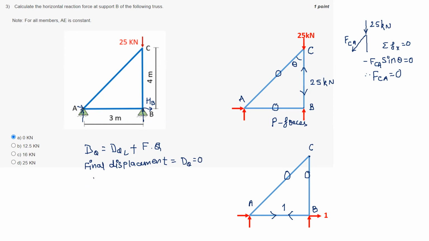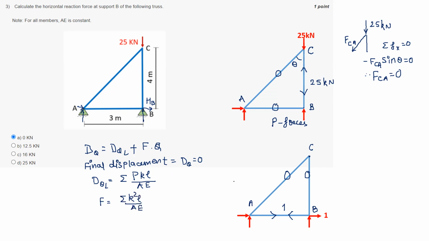What is dql? So we have dql, this is displacement due to loads. And we are going to calculate it by using summation pkl upon AE. And then what will be F? So we have F that is equal to summation K square L upon AE.